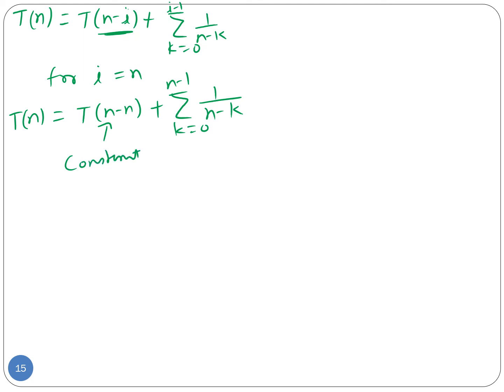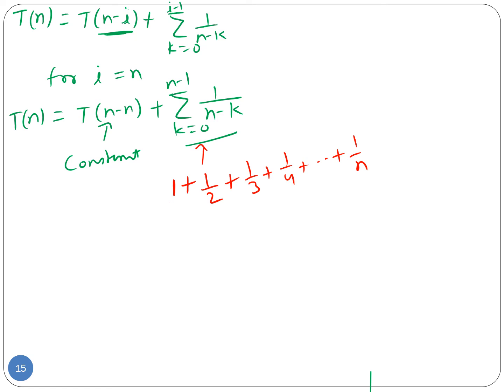Now what about this series? This series looks like 1 plus 1 by 2 plus 1 by 3 plus 1 by 4 plus so on up to 1 by n.